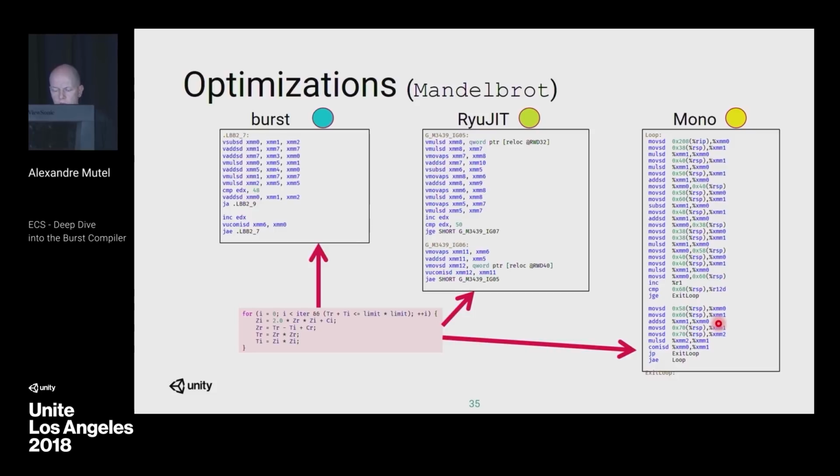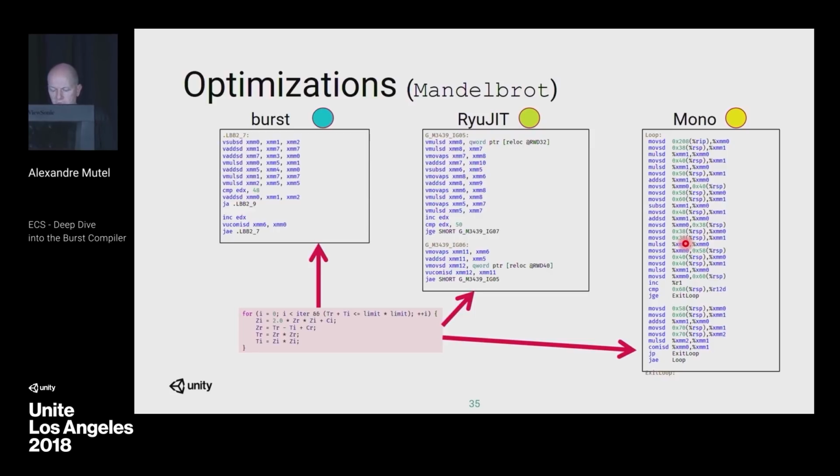So there is what we call lots of variable spilling on the stack. So it's moving values from register to the stack and from the stack back to the register. So it's mostly the sign of a weaker register allocator. That's one of the boxes that I highlighted at the beginning of the optimization.